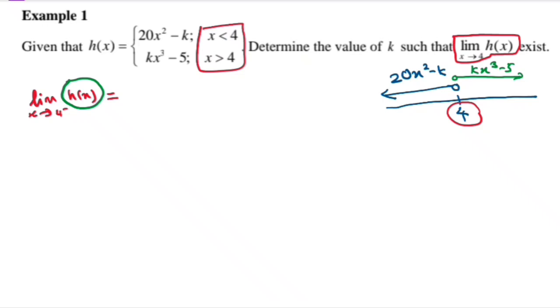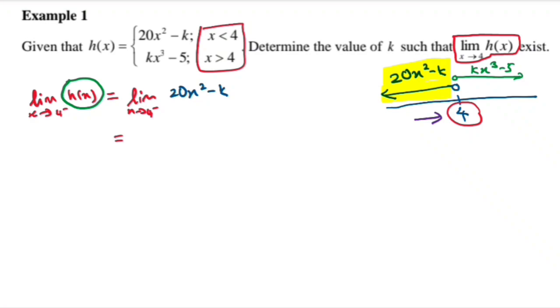So from the left side of 4, you can see from the number line that I've written, approaching 4, the nearest function approaching 4 is the function 20x squared minus k. So just replace your h(x) with that function. So write 20x squared minus k here.